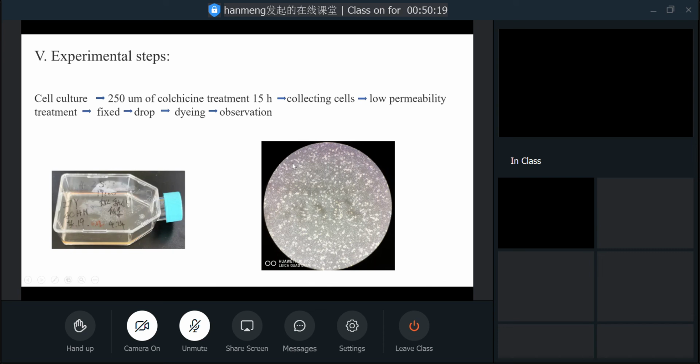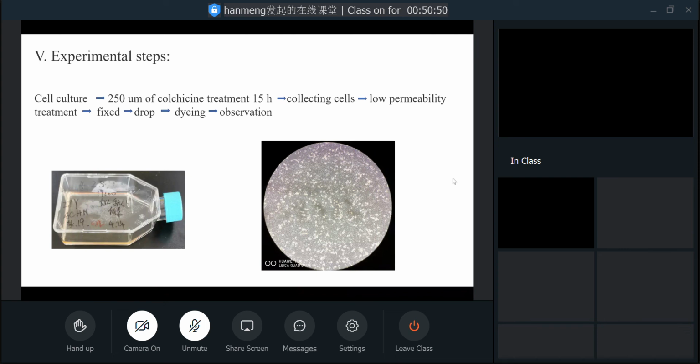Circle one shows some metaphase cells. Because they are mitotic cells, they will not attach to the bottom of the dish tightly, so they become rounder in morphology.